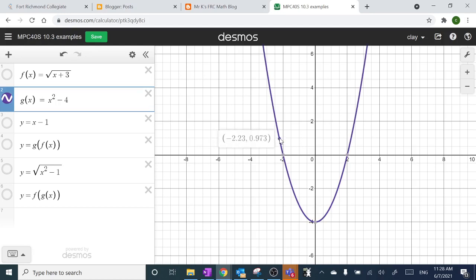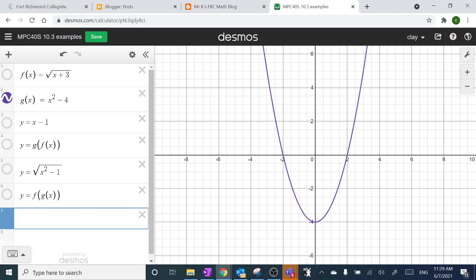invariant points when y is 1, which I'm just going to put in. So let's see, what happens when I have g of x equals 1? So g of x is the parabola, right?